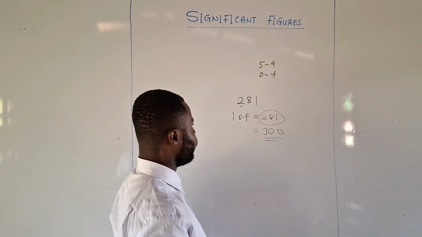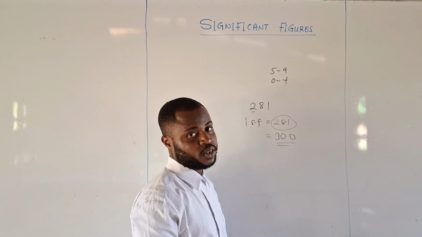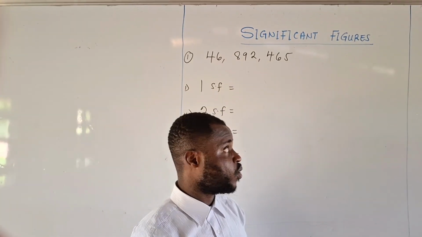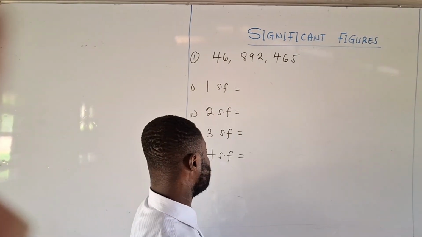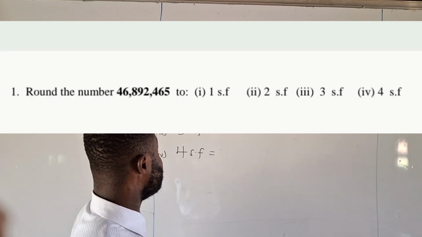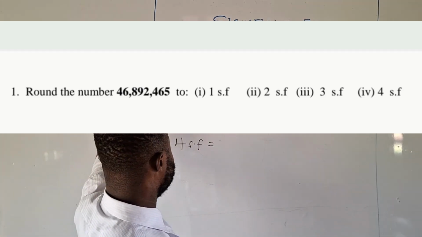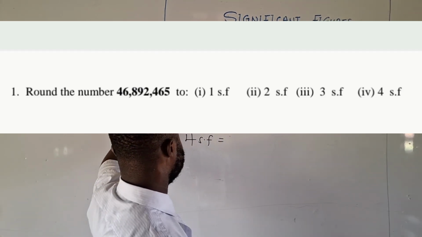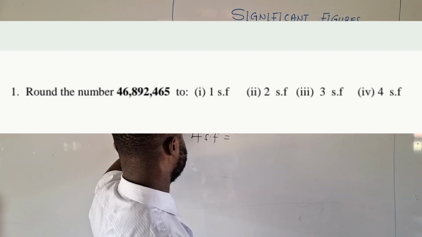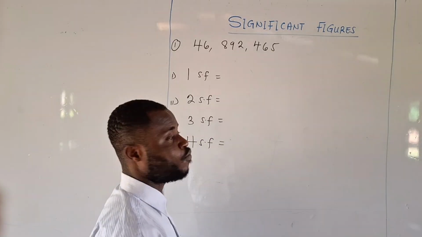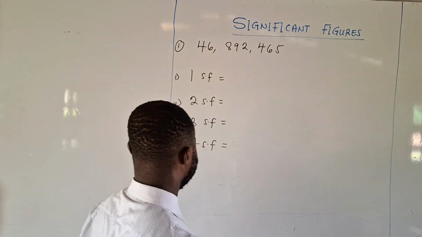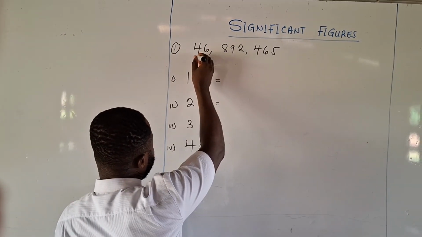So let's take a first question on significant figures. As the question is posted on the screen, we have to express 46,892,465 in one significant figure, 2 significant figures, 3 significant figures, and 4 significant figures. Now, the first whole number here is 4.